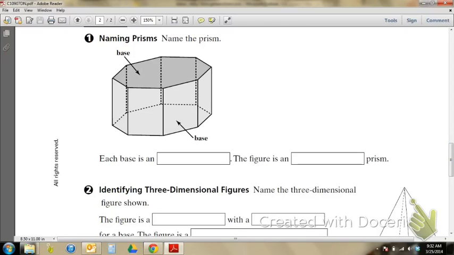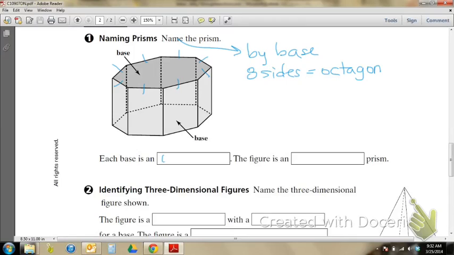Now, what we're going to be doing here is naming the prism. So, to name a prism, you name it by the base. And the base here is the top and bottom, the two that match. So 1, 2, 3, 4, 5, 6, 7, 8. So if it has 8 sides, that makes it an octagon.